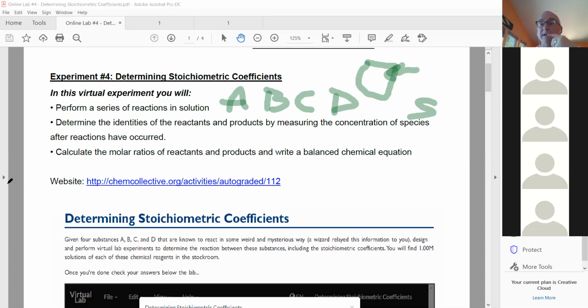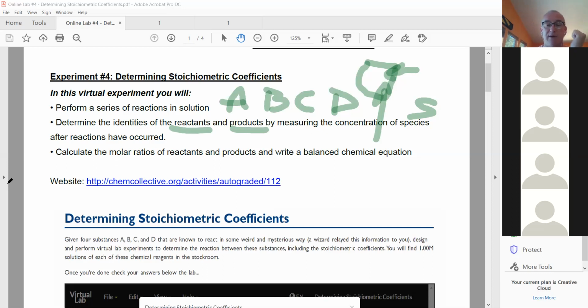So these are some of the things you're going to have to figure out just by adding them together. Just by adding one to the other, then clicking on the beaker and seeing what's in there, we're going to be able to figure out which ones are the reactants and which ones are the products by getting the concentrations of them after the reaction's taken place.